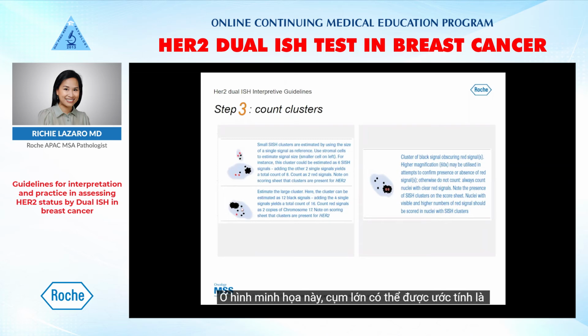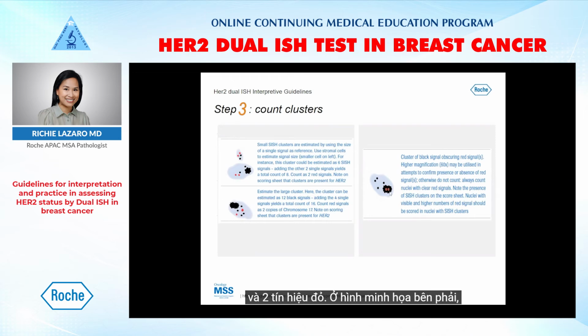In this illustration with the large cluster, the cluster may be estimated as 12 black signals based on the diameter of the black signals, for a count of 16 HER2 copies in the cell and 2 red signals.